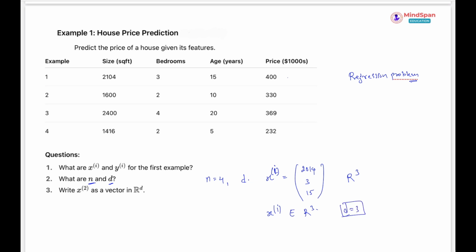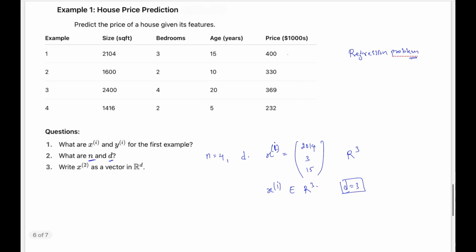Now this question: we are talking about the input, the second example, as a vector in R^D. How can we write this?